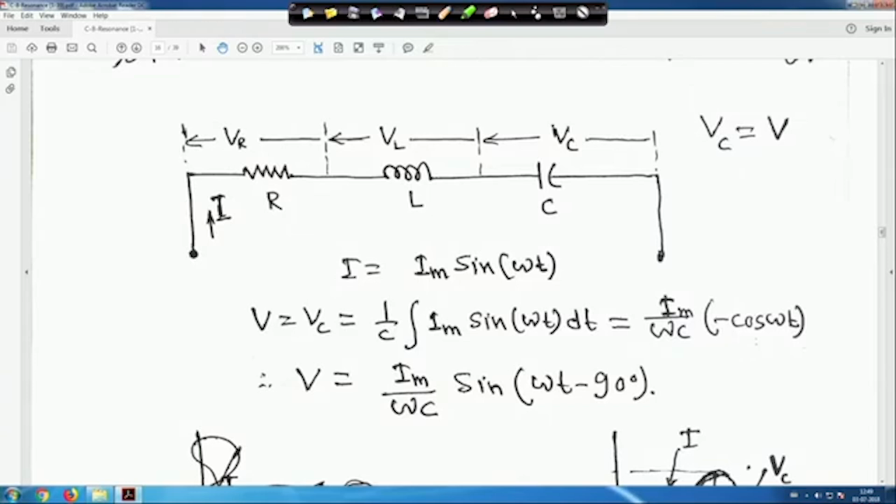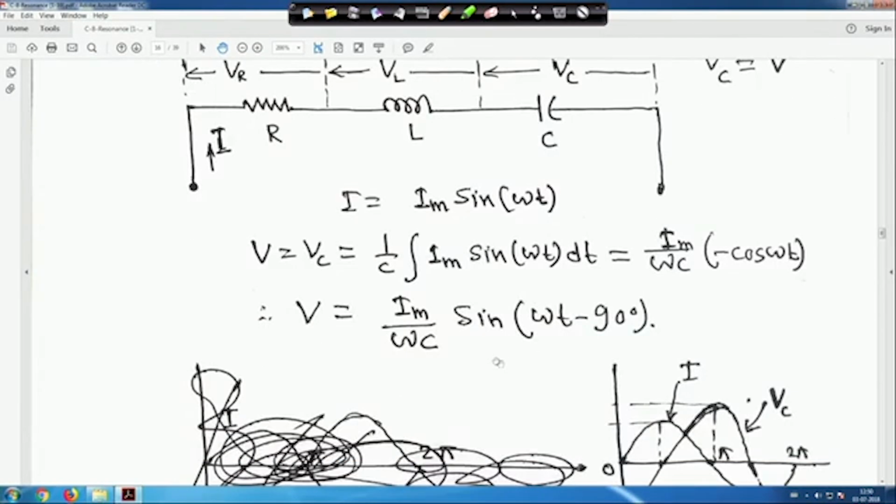We can write cos omega t as sin of 90 degree minus omega t, but with the minus sign, it will be I m by omega C sin of omega t minus 90 degree. So current I is I m sin omega t, and the voltage across the capacitor V is I m by omega C sin of omega t minus 90 degree. That means the current is leading.